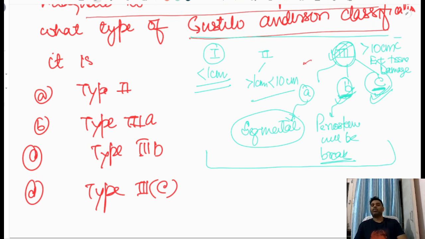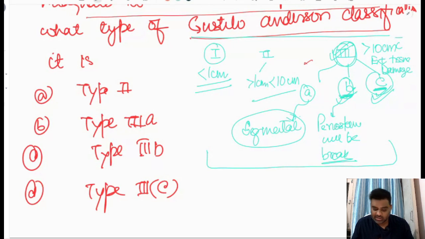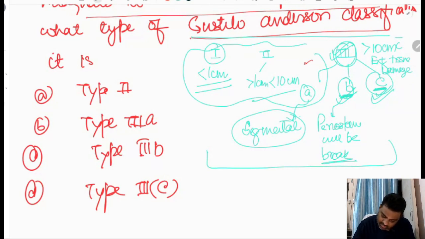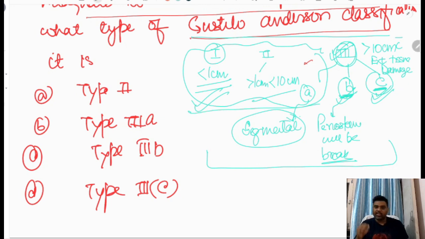Now, a very important point when we are treating all these fractures initially: till 3A, the surgeon can easily close the defect with the help of the surrounding tissue. Please remember, it is a very important thing that till 3A, the surgeon can very easily close the fracture site with the surrounding tissue.